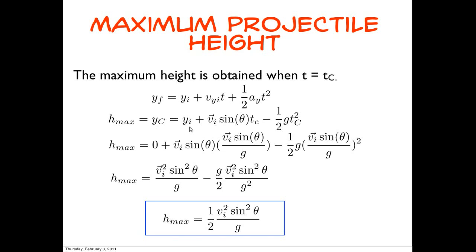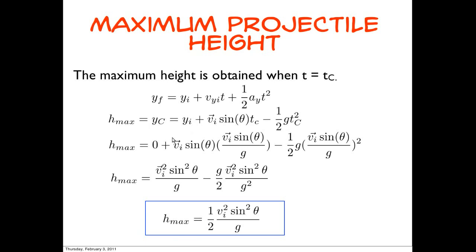So that's just equal to y initial plus v_i sine theta, which is the y component of the initial velocity, times t_C minus 1/2 g t_C squared. Here we've substituted in also the acceleration in the y direction, which is negative g. Then we just plug in what we know.